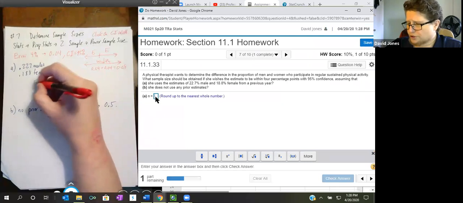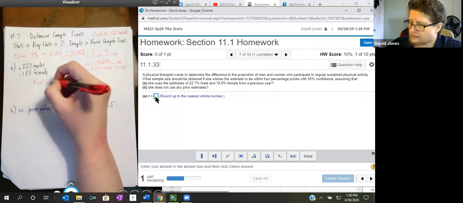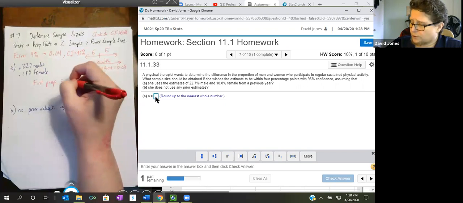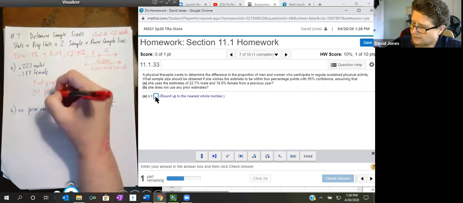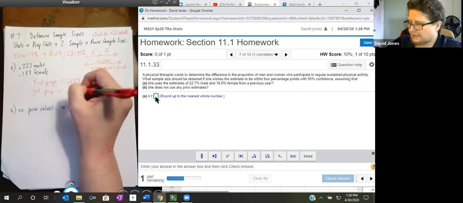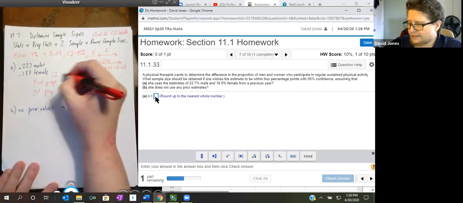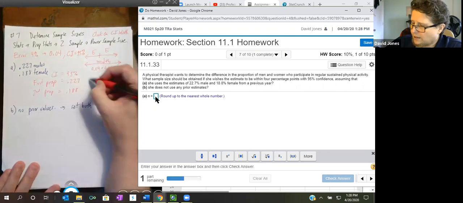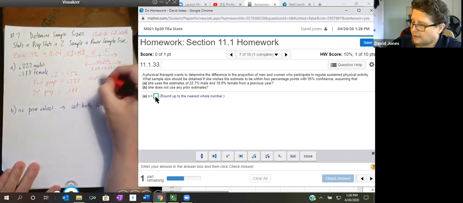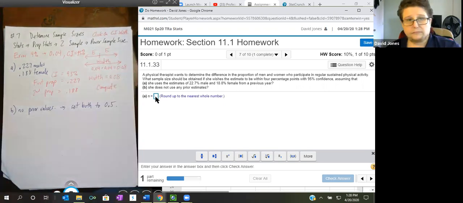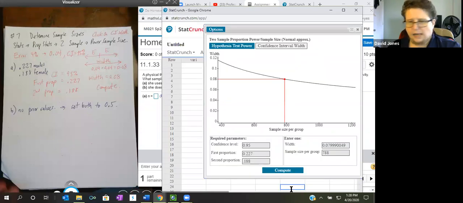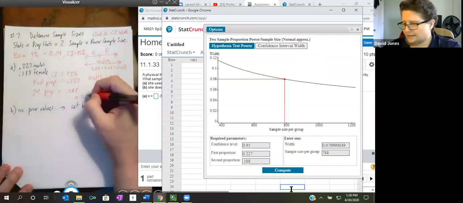So first proportion was 0.227. Second proportion, 0.188. CI was 95%. Width was 0.08, and we click compute. And it gave me n equals 788.